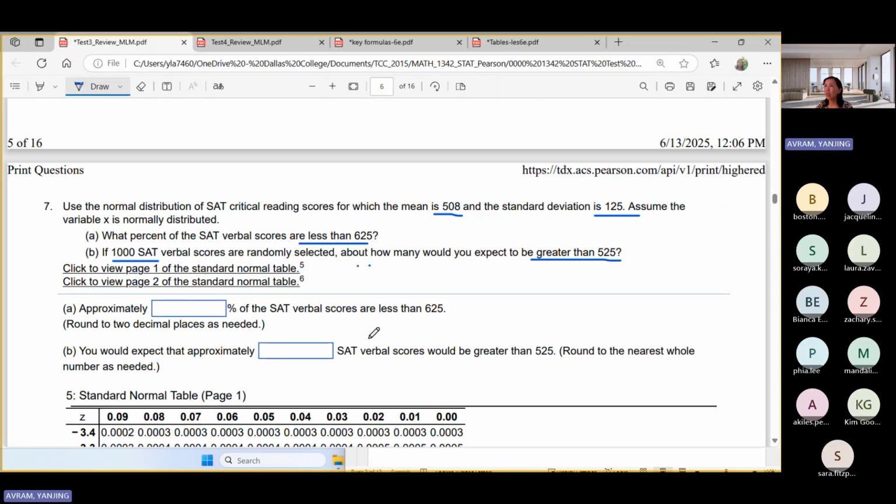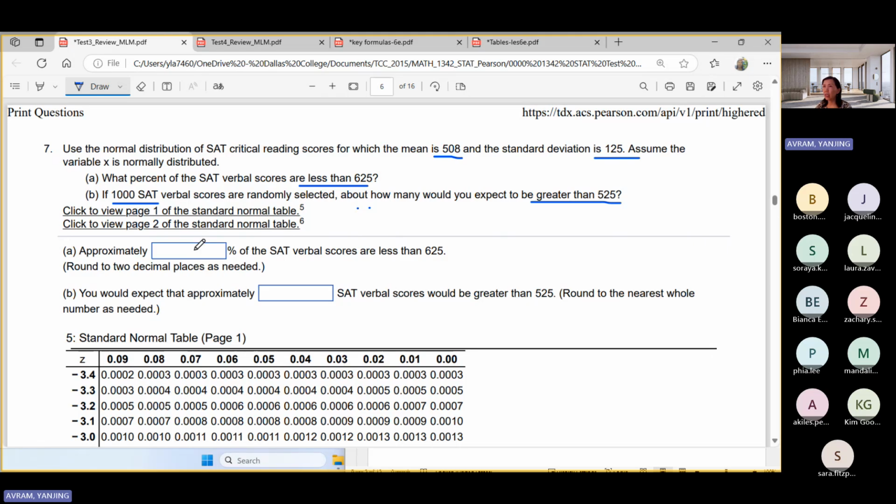Okay. If you select 1,000 greater than 525, okay, 1,000 of them, not one. You can compare to if you just select one, how much is that, right? So n is 1,000. That's how you do that, 1,000 in here.